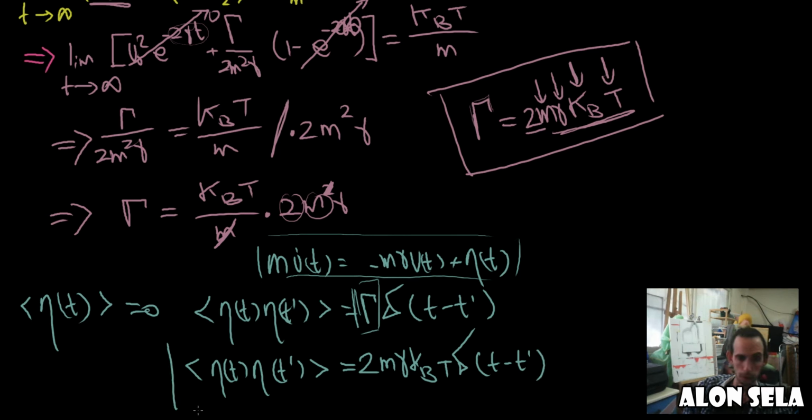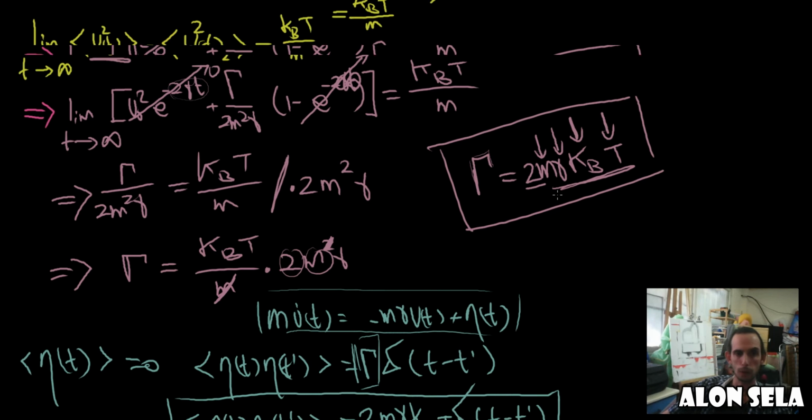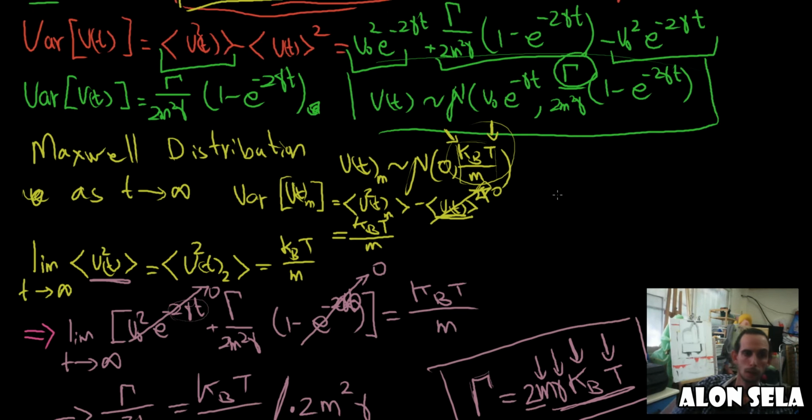So this is the key point for the connection between the Maxwell distribution, which we saw has expectation 0 and variance k Boltzmann T over m.